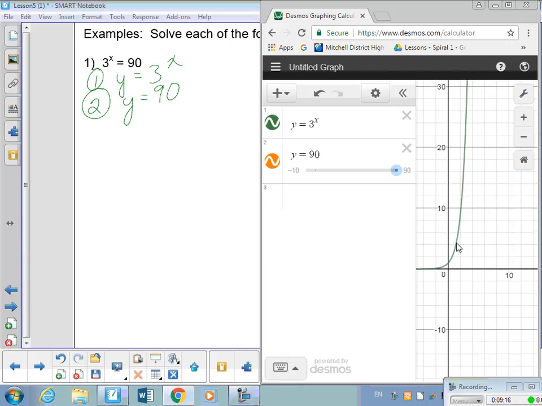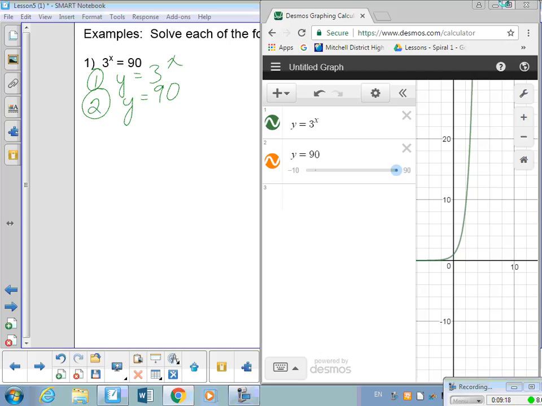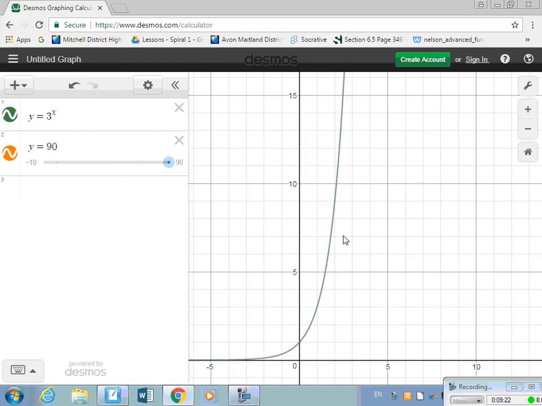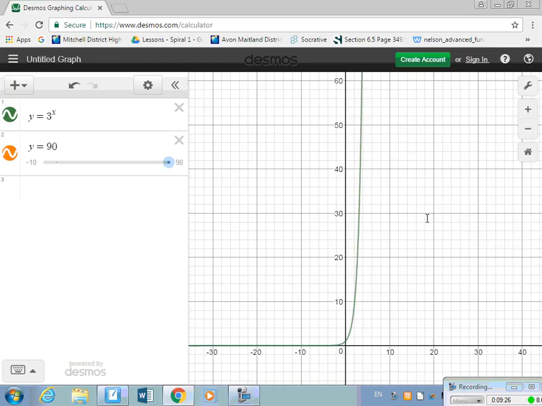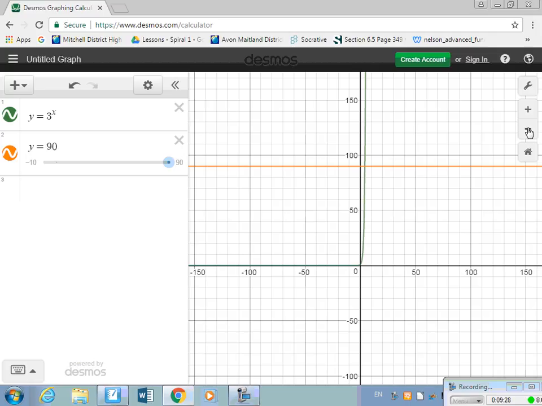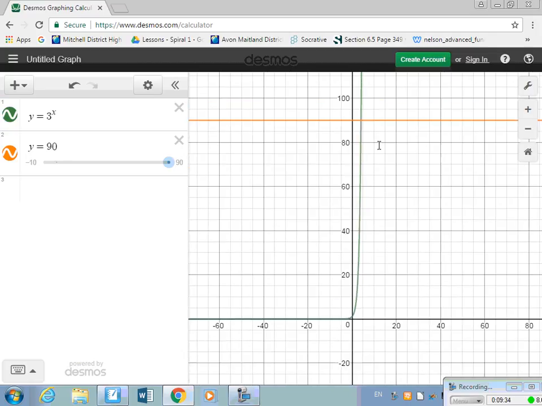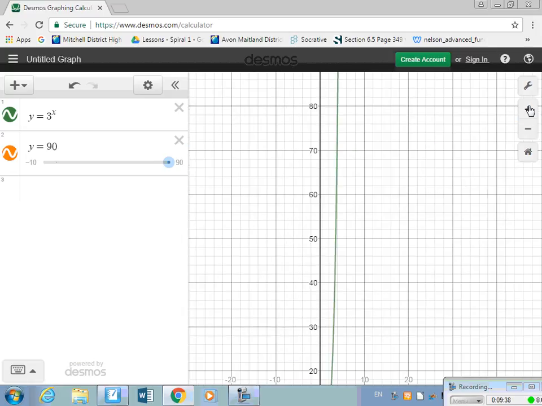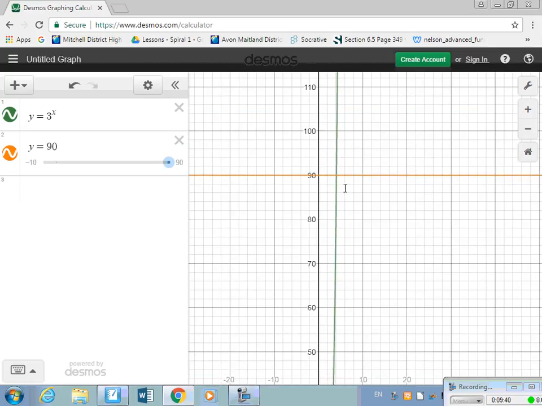Okay, again, you can see that it very easily graphed it for us. Now we need to go look for that point of intersection. Now we know that y equals 90, so we should know that it's going to be up by 90. If you use the app, I keep moving it around because I want to spread it with my fingers, because that's what I do when I'm on an app.